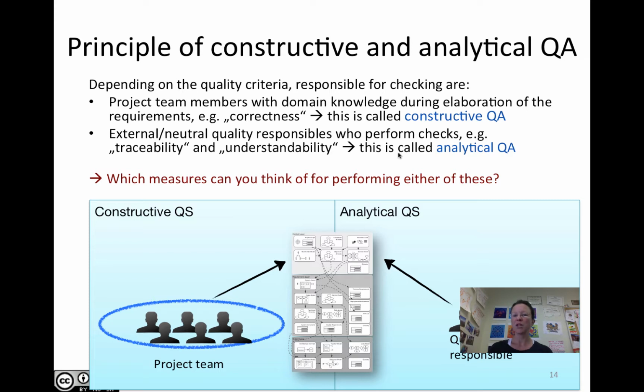So when project team members with domain knowledge apply that knowledge during the elaboration of the requirements, for example, when they pay attention to correctness, then that is called constructive quality assurance. Whereas when an external, neutral quality responsible performs checks for, say, traceability and understandability, that is called analytical quality assurance. So constructive happens while we engineer the thing. Analytical happens after we're done with the full draft.